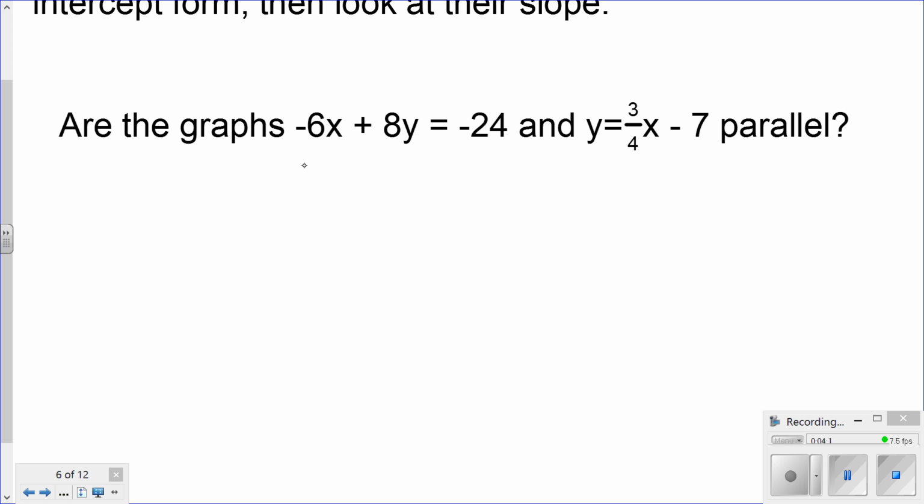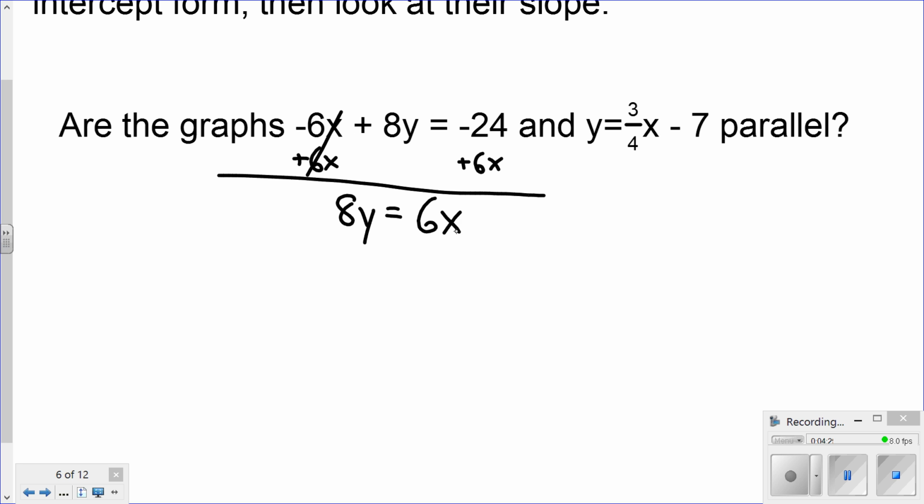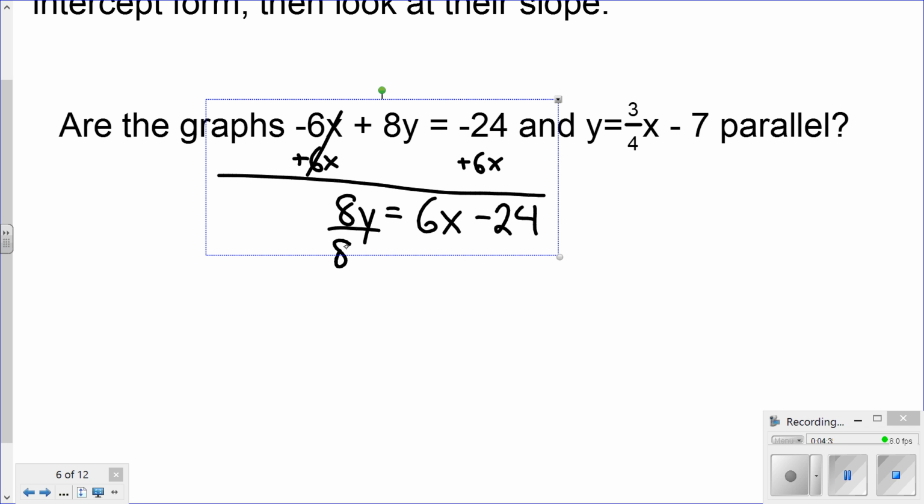What I need to get rid of on the left-hand side is the negative 6x. So I'm going to add 6x to both sides. So I get 8y equals 6x minus 24. Next, I need to get rid of that coefficient, so it's 8 times y. To get rid of it, I divide by 8 on every single term.